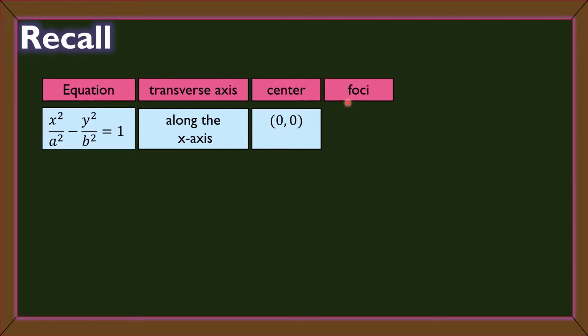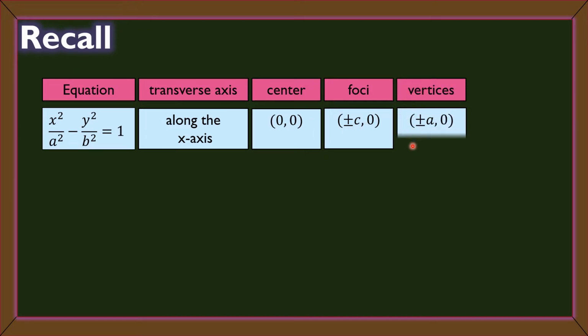A focus is c units away from the center, hence the foci have coordinates (±c, 0). A vertex is a units away from the center, hence the vertices have coordinates (±a, 0).